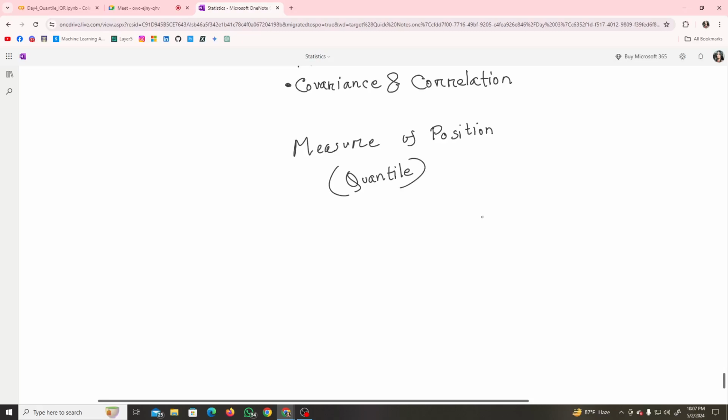By measure of position, we will understand the distribution of data, the position of data sets. In measure of position, we have percentile, quartile, and decile.